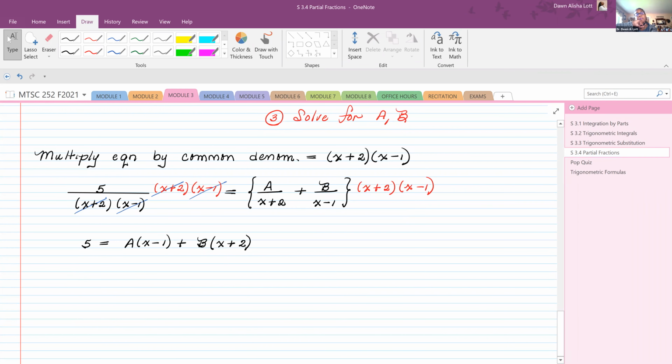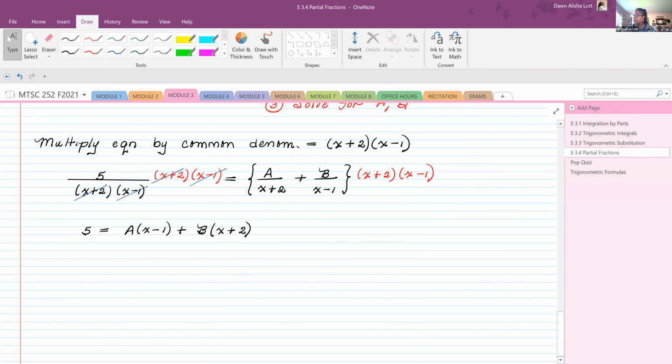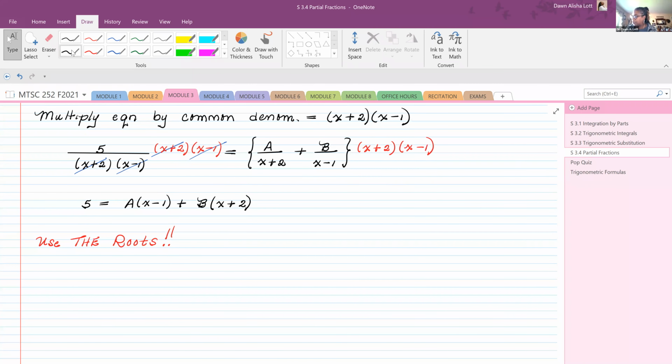Okay. Now that we've done this, now we are going to use our roots. So the first one was let x equal -2.